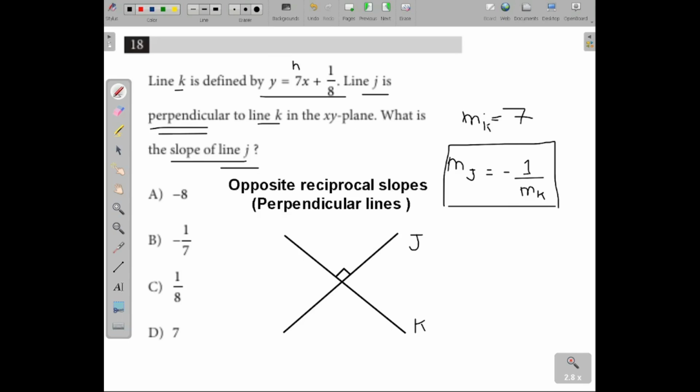It's right here. It's the slope times x. So it's 7. Now we can replace the values. The slope of J is equal to -1 divided by 7. And this is the value of the slope of J. Therefore, the right answer is B.